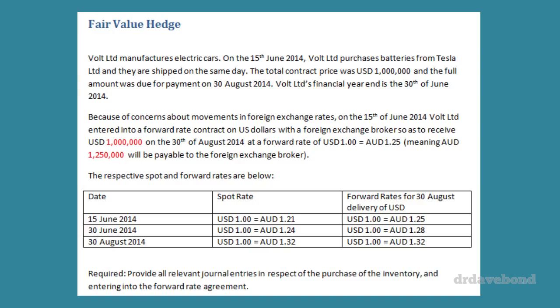We're receiving $1 million in the future. That is locked in. What we are paying, the 1.25 million Aussie, that's locked in. But we can't have US dollars on our balance sheet, because that is in effect a receivable, and that is in effect a payable. We've got a contract set up, and if you look at the definitions of financial asset and financial liability, those are financial assets and financial liabilities.